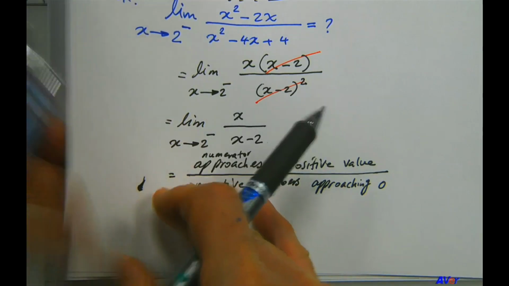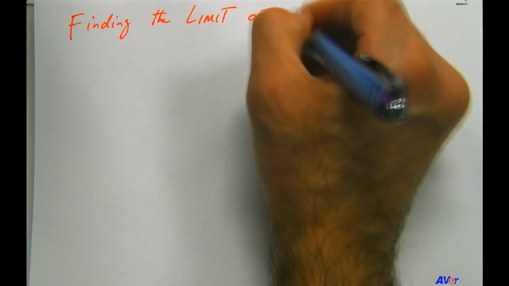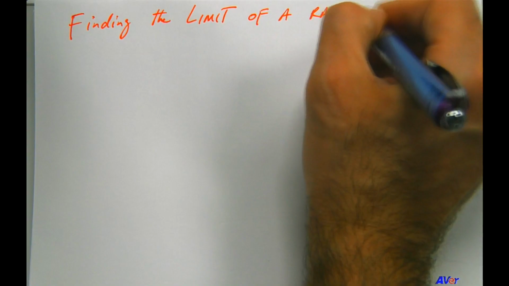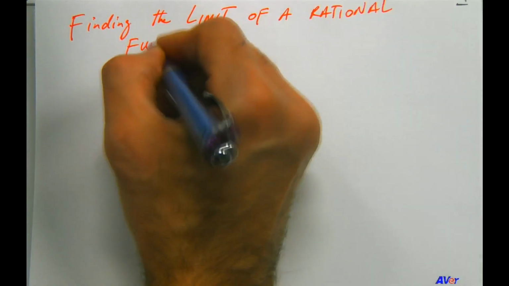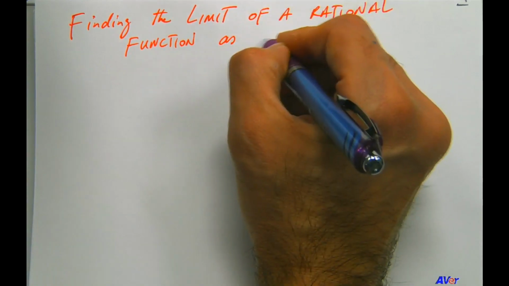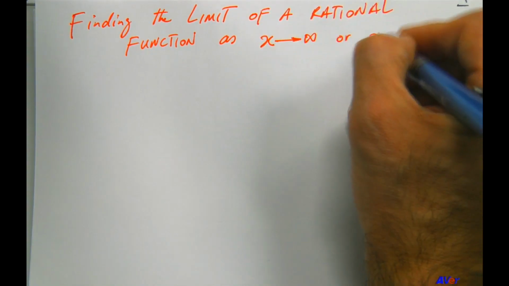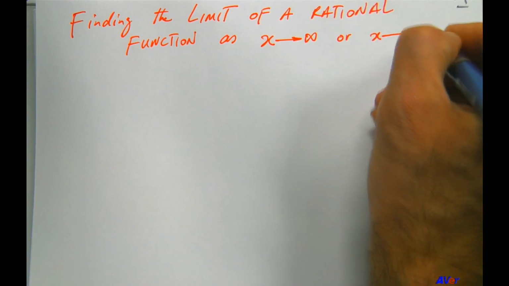So now let's consider another case of finding limits. So here, when finding the limit of a rational function as x approaches infinity or x approaching negative infinity.